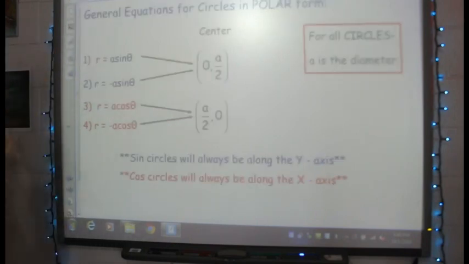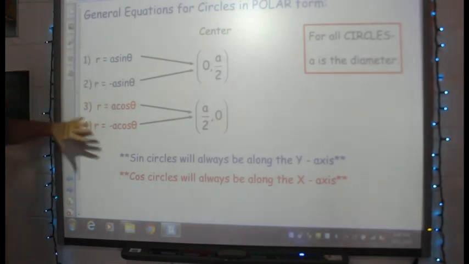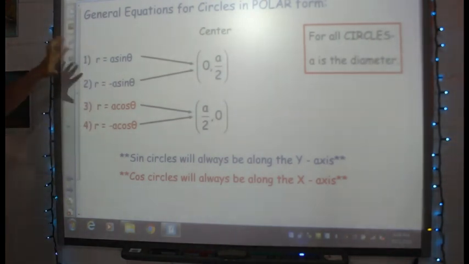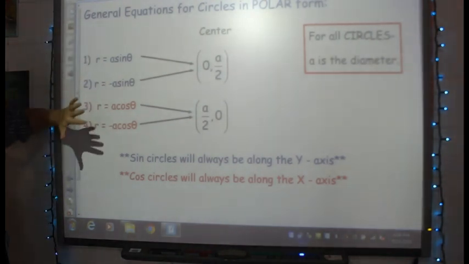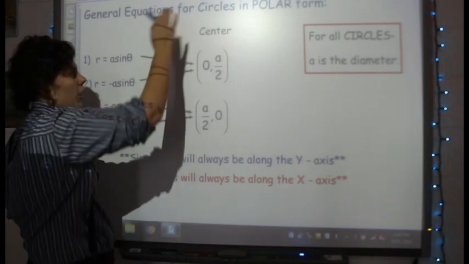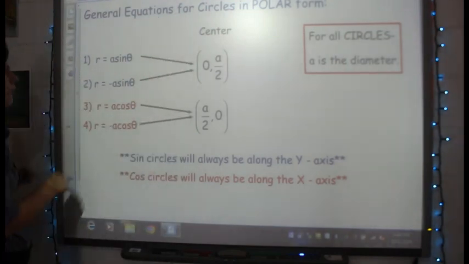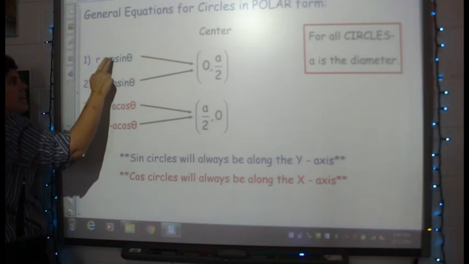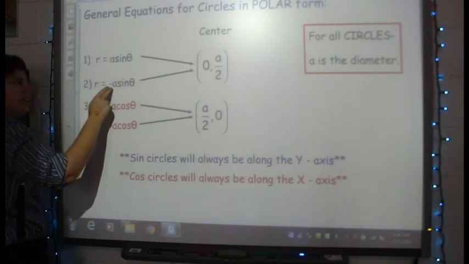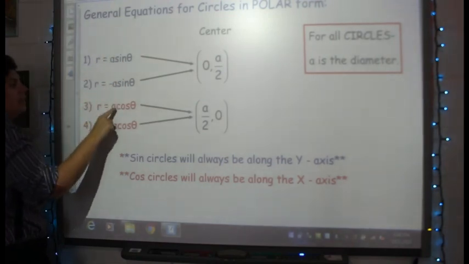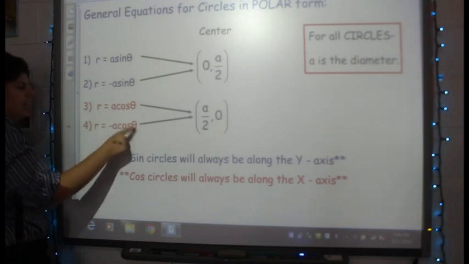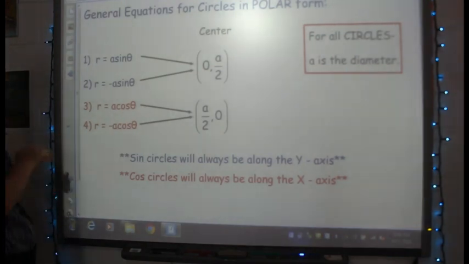So, general equations for circles in polar form. There's a lot going on on the screen, so don't be too overwhelmed here. Circles are very easy in polar, and they're of the form r equals a sine theta, or r equals negative a sine theta, or r equals a cosine theta, or r equals negative a cosine theta. Either way, it's much easier than in standard form in rectangular coordinates.